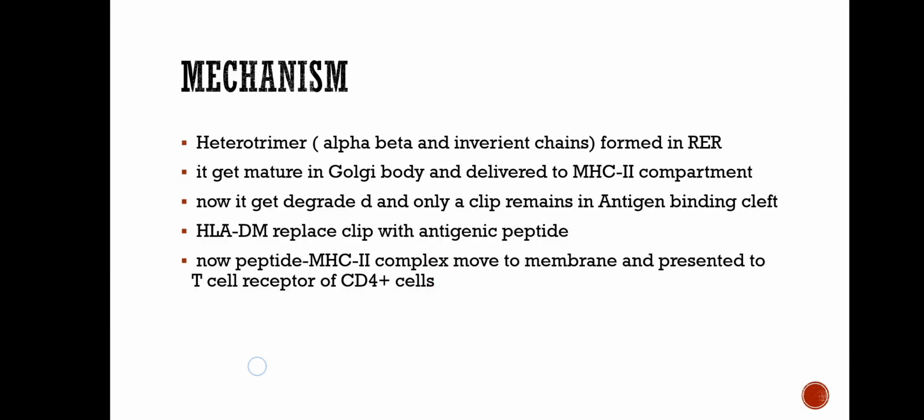CD4 plus cells means the T helper cells. So the MHC-II presents the antigenic peptide to T helper cells. We already know that MHC-II always presents the antigen to the T helper cell, and MHC-I, which is present in all nucleated cells, presents the antigen to cytotoxic T cells.